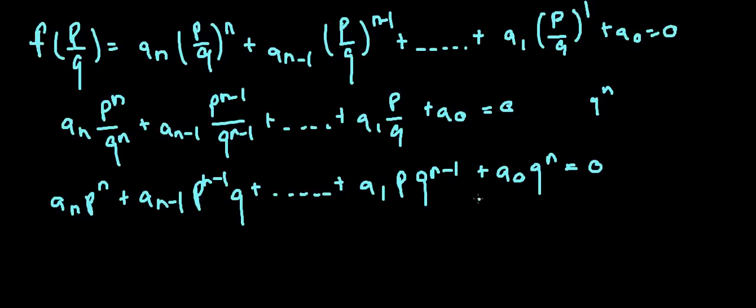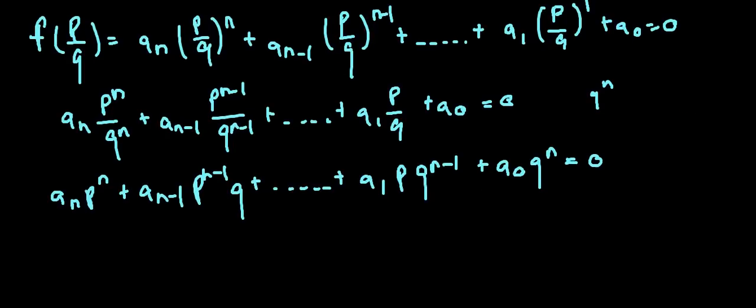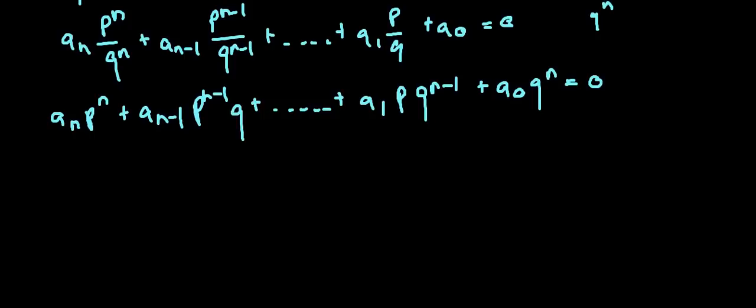And now we're going to want to subtract a_0 q to the n to the other side. This may not make much sense right now, but it will. The reason for this step will become apparent in a couple of steps from now.